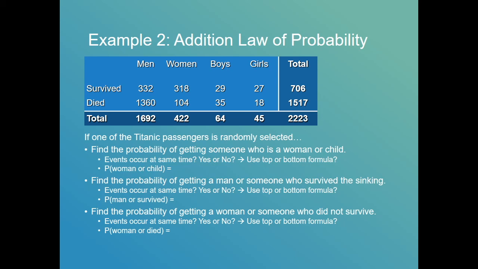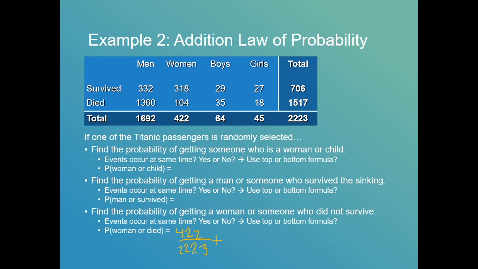So to find the probability of being a woman in the sample, we would have 422 divided by the total sample size, 2223. Then we would add to that the probability of having died in the Titanic sinking.